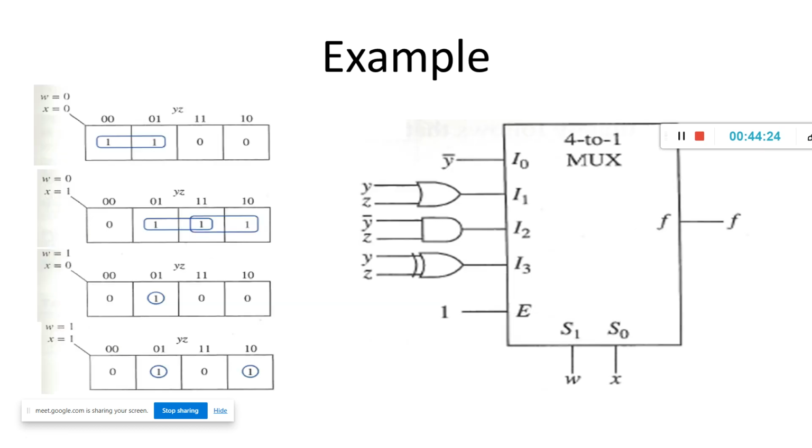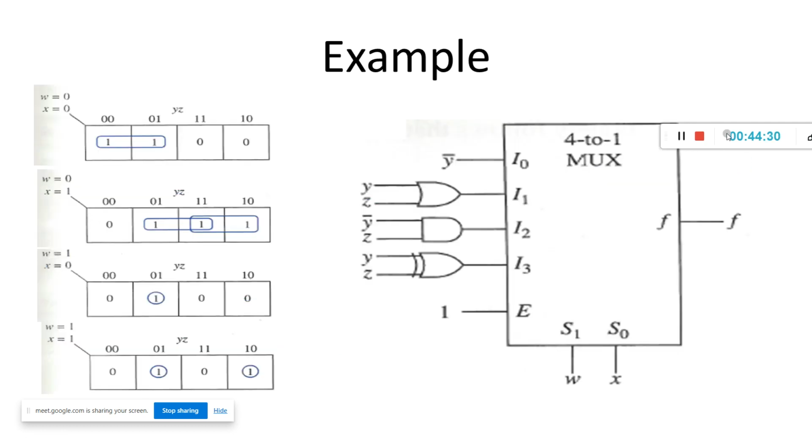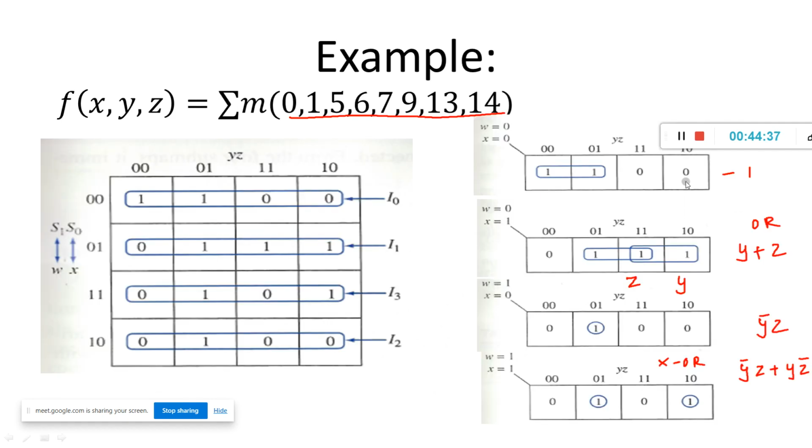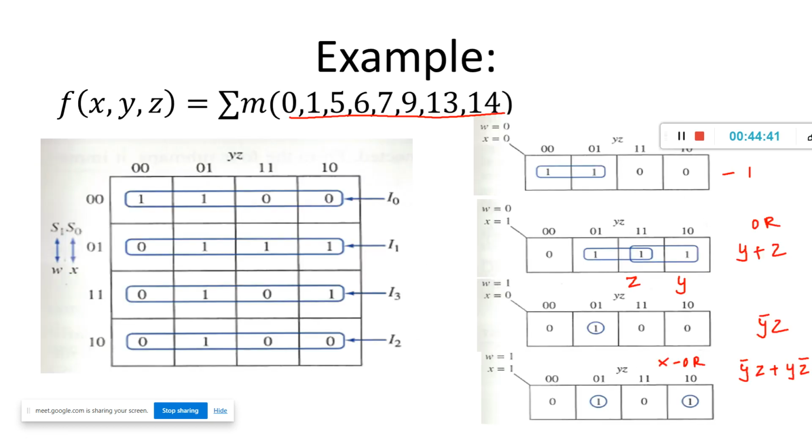Here we got Y bar. Okay, this is not 1. Once again I will tell you, here we got Y bar, here we got Y bar. You can see here Y is 0, Y is 0, so Y bar we got.